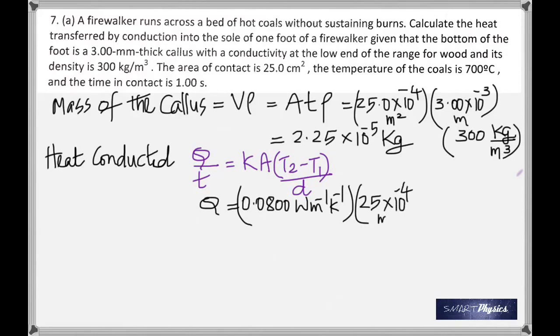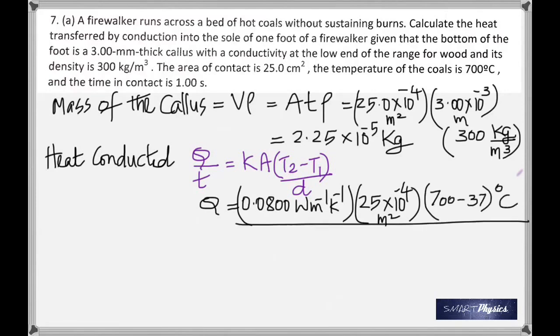Area is 25 times 10 to the negative 4 meters squared. Difference in temperature is 700 minus 37, because 37 is the normal human body temperature. So the coal is at 700 and the normal temperature of the human body is 37. Divided by the thickness, which is 3 millimeters. Okay, and so you get 44.2 joules.